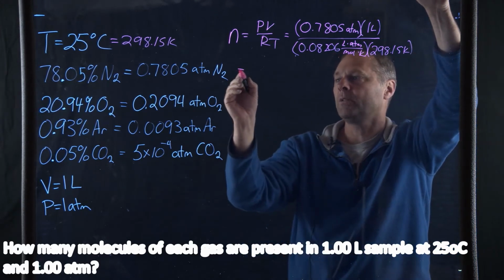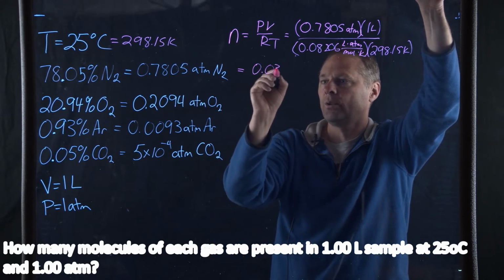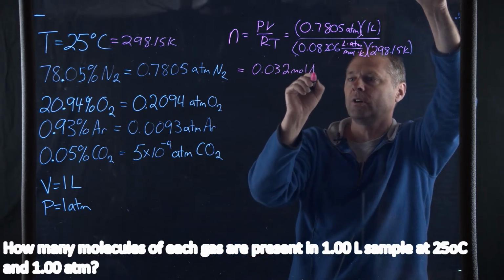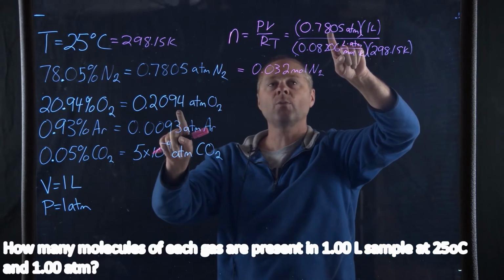We do that arithmetic, and this will give us 0.032 moles of nitrogen.